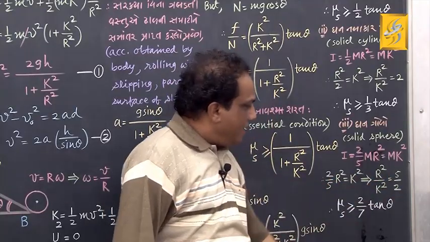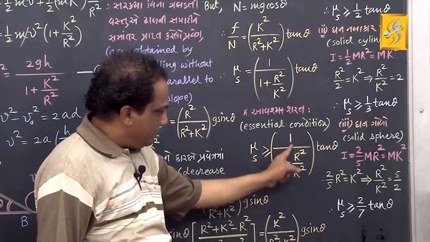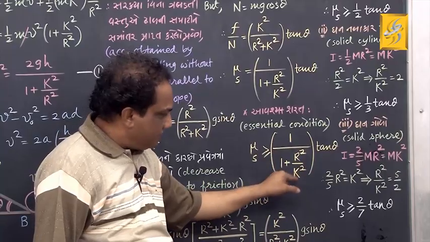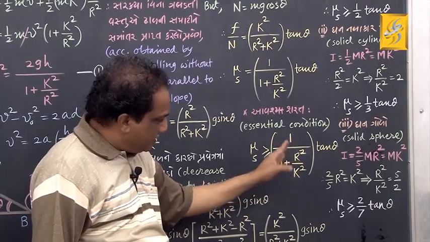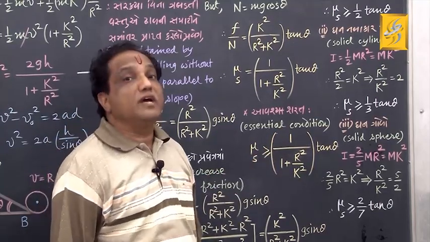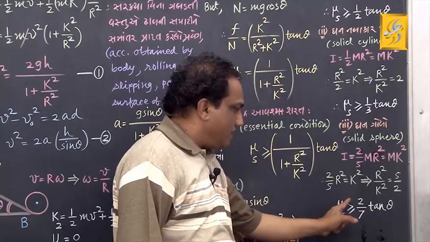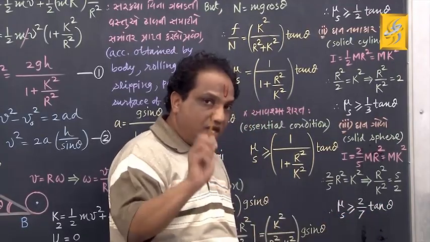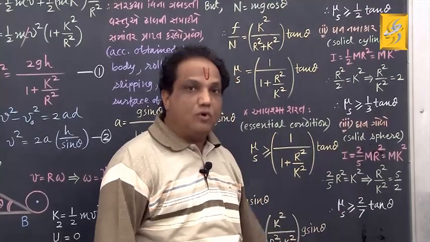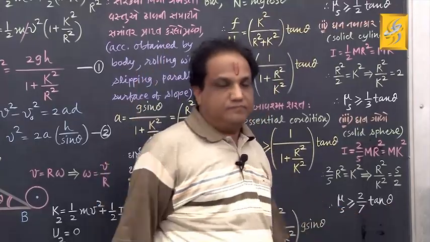Put this value of r square upon k square, 5 by 2, over here. 1 plus 5 by 2 means 2 plus 5, that is 7 by 2. But 7 by 2 is in the denominator. Take this 2 up. So 2 by 7 tan theta. This mu s greater than or equal to 2 by 7 tan theta gives you the condition for a solid sphere to roll down the slope of angle theta without slipping. Okay. Thank you.